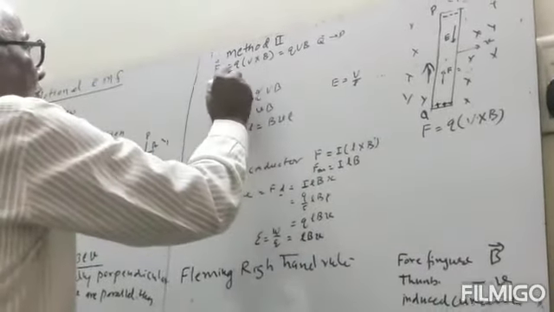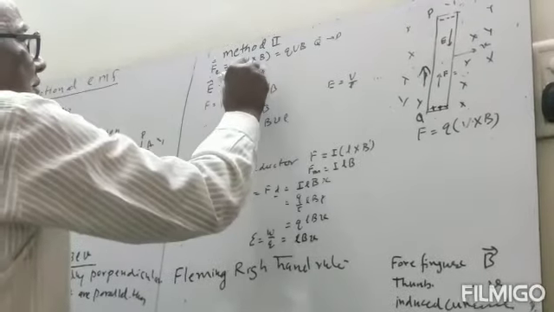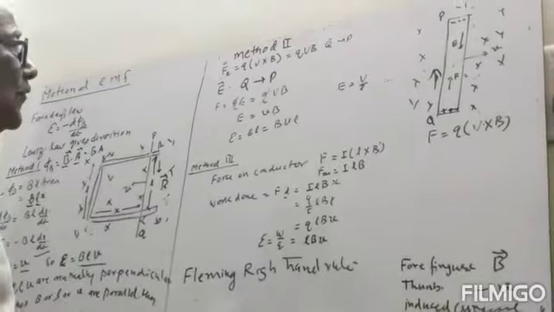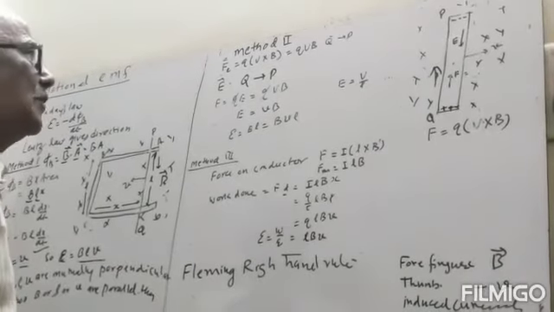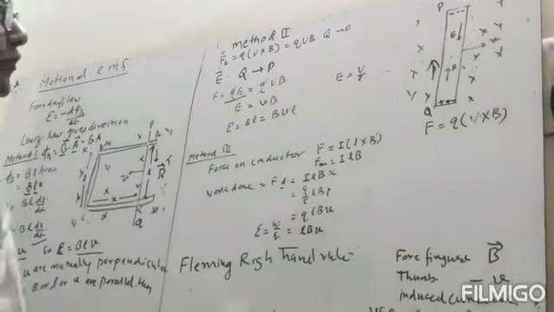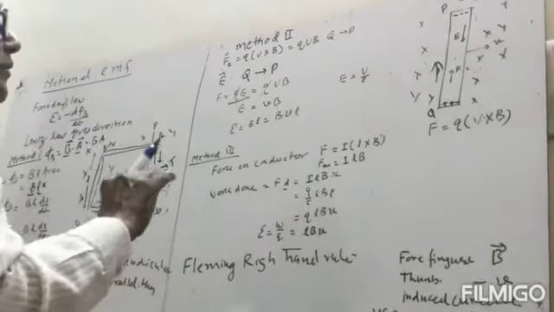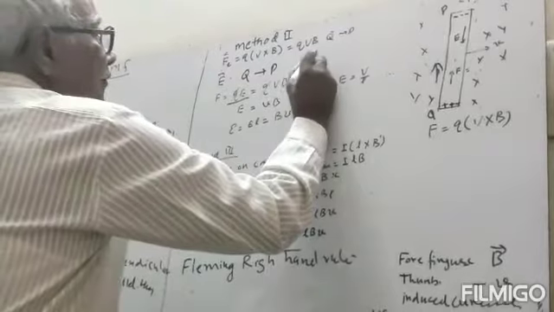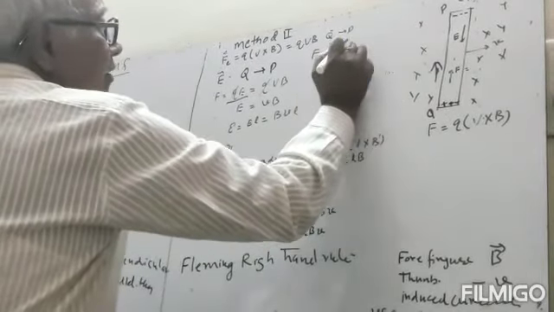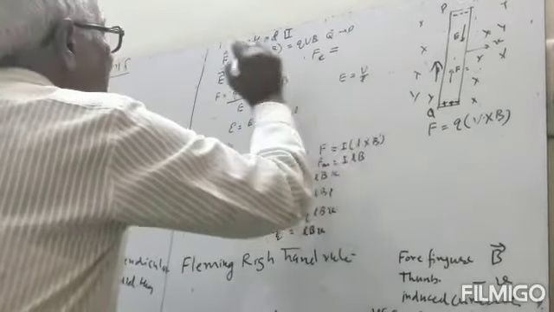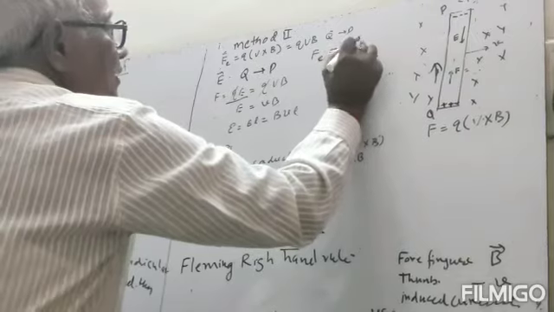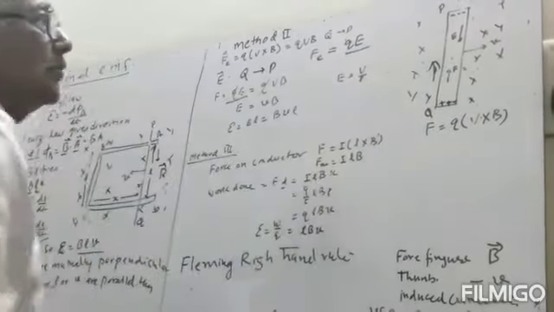So the force on the electron will be qE. This electrical force Fe will be in the opposite direction of the force due to the Lorentz force. Both are opposite.